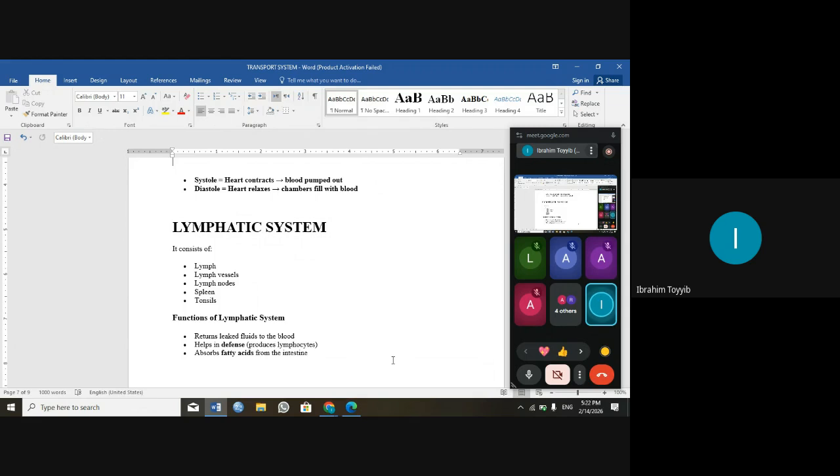And we also have subclavian vein. It brings blood from the head and neck also, as subclavian artery supplies blood to the arms. So the hands, which is forelimb in animals.